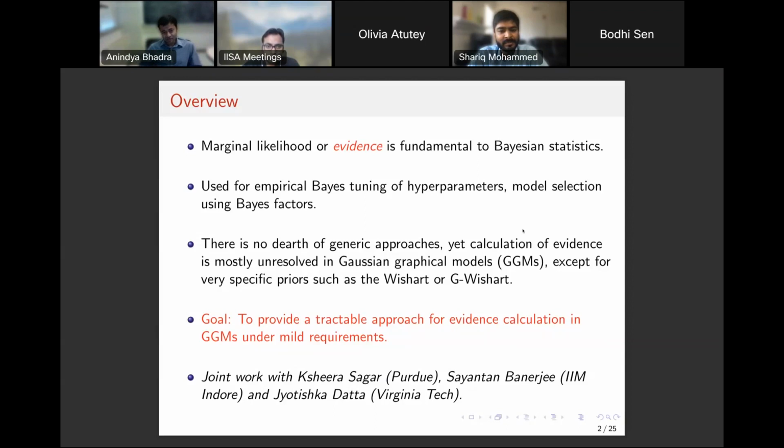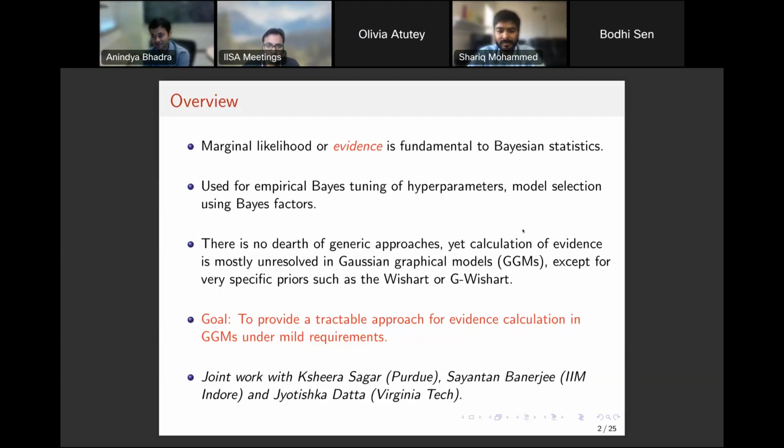And because of this importance, there exist many generic approaches. It's not that in 2022 we are suddenly realizing that marginal likelihood is important. But I'm going to argue that the calculation of evidence is actually mostly unresolved in Gaussian graphical models. It's not completely unresolved.